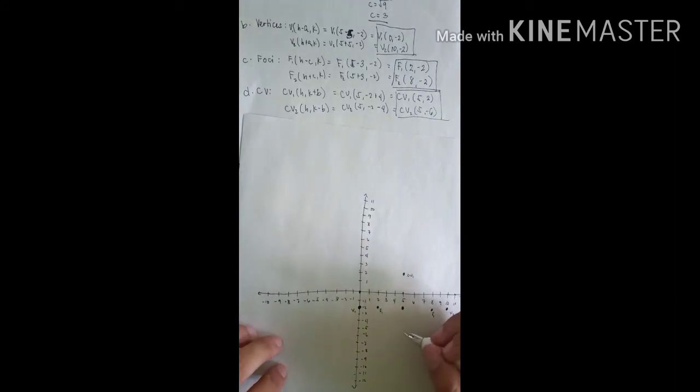And then 8 and negative 2 for our f sub 2. Next, we are going to plot the covertices. So CV is 5, 2, ito si CV sub 1. And 5 and negative 6, ito si CV sub 2.